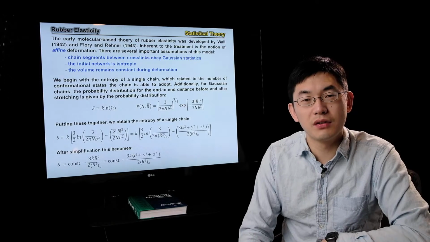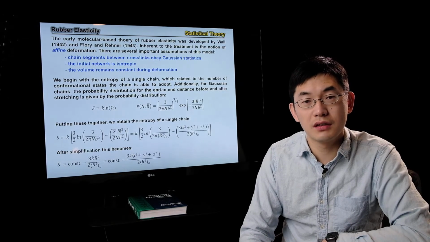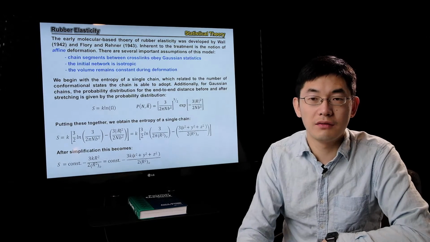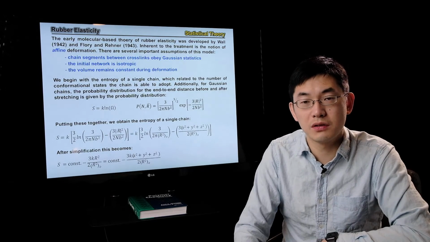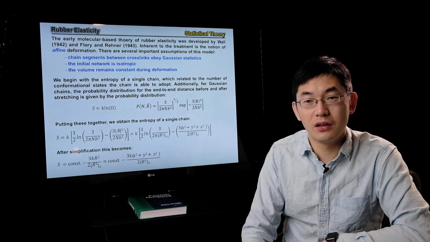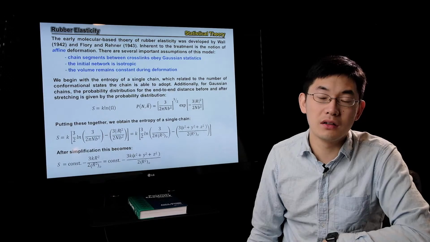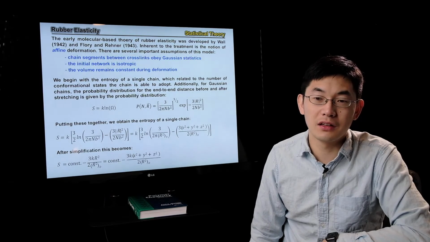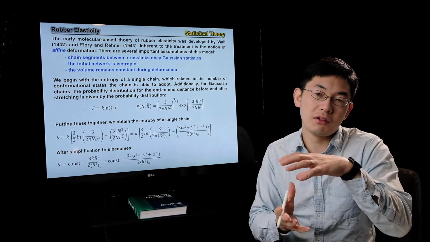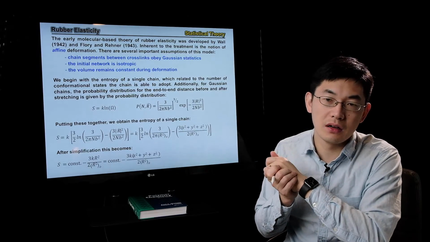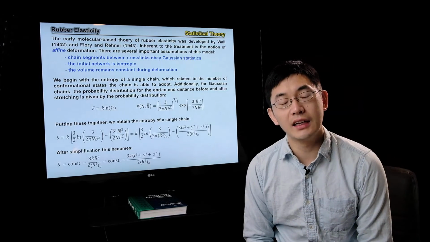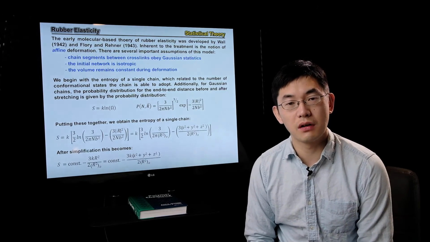The last one is that the volume is constant during deformation. We call this an ideal elastomer, and you have a Poisson ratio equal to 0.5. As you will see later, it is important for us to understand the deformation in the stretch direction X versus the deformation in the Y and Z directions, because the Poisson ratio will be used to predict the force as well.